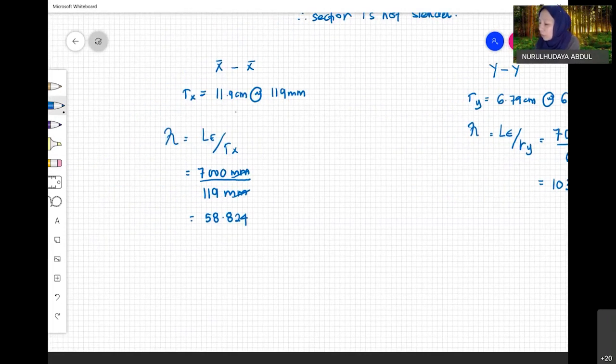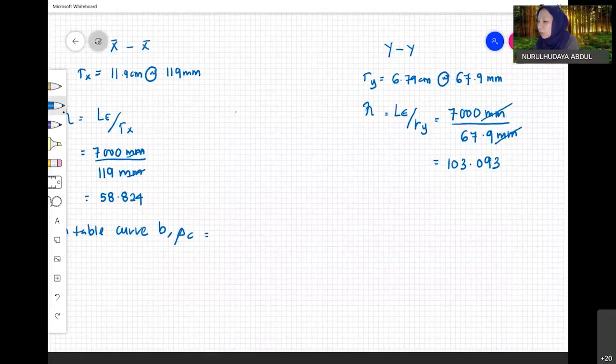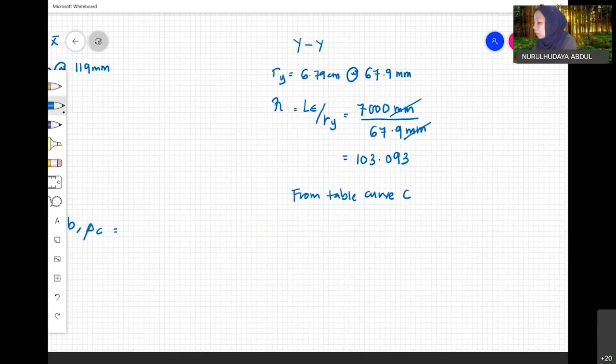So maybe we can write like from table curve B, PC ni adalah compressive strength is equal to berapa. Okay, kita nak cari. And then for y from table curve C, PC equal to berapa?